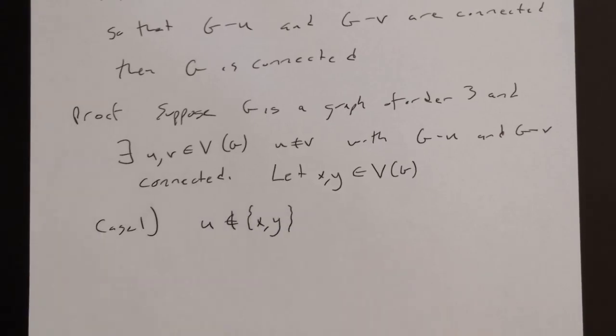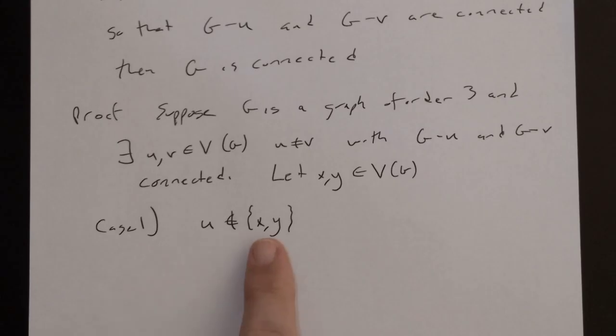So let's suppose I didn't pick U. I may have picked V, but I certainly didn't pick U. By the way, if you don't like me using U, use V. Without loss of generality, I assume I didn't pick U. But that means X and Y are in the graph when I take away U, right?